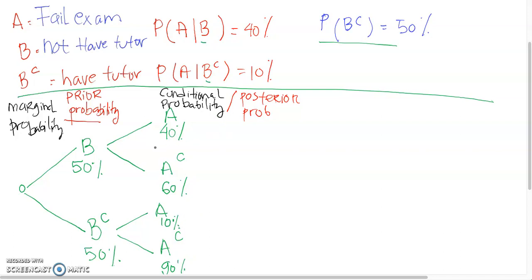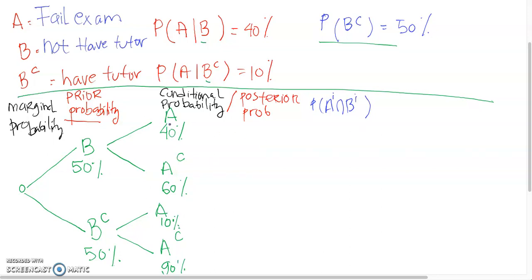And the product of prior probability and conditional probability, we know it will be the joint probability. So it will be P(A joint B), also because we have A and A complement, B and B complement.